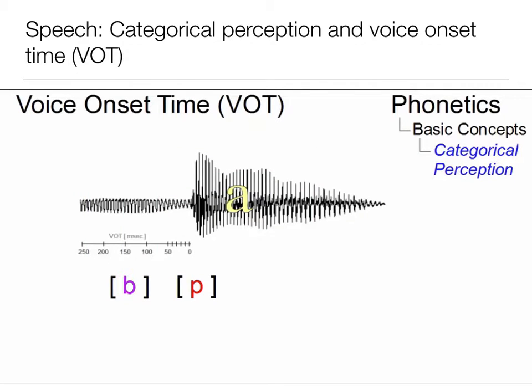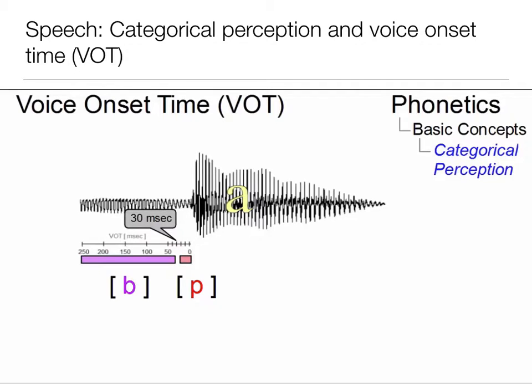As we heard, a VOT value of around 30 milliseconds serves as the key factor. In other words, if VOT is longer than 30 milliseconds, we hear ba. If VOT is shorter, the perceptual result is pa.